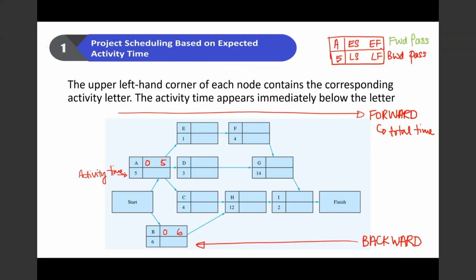So the earliest time that they can start is at the end of activity A, which is 5, 5, and 5. Activity E requires 1 time unit, so 5 plus 1 is 6.